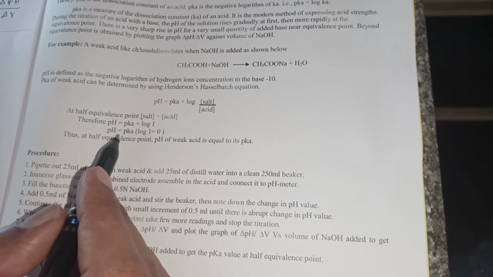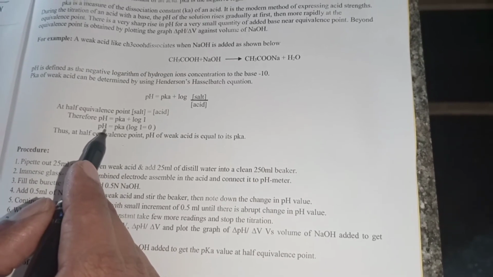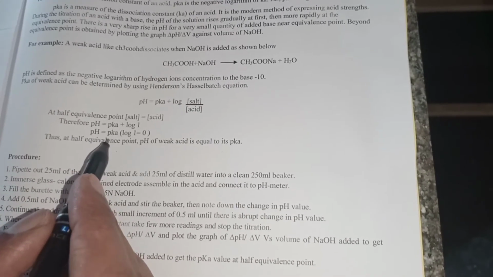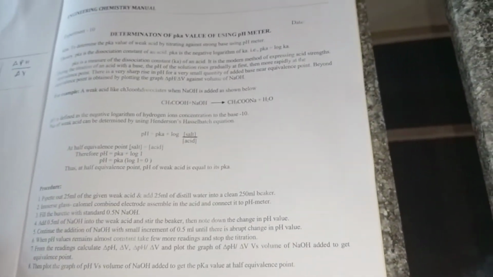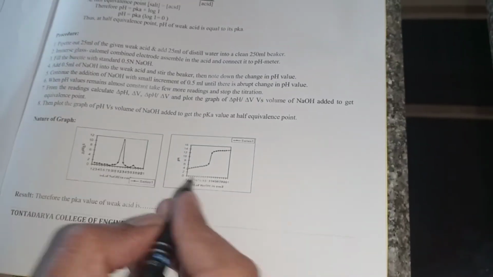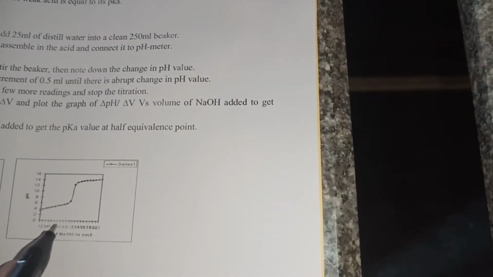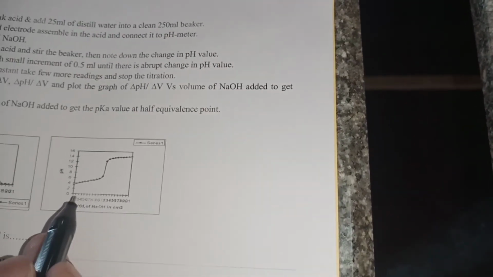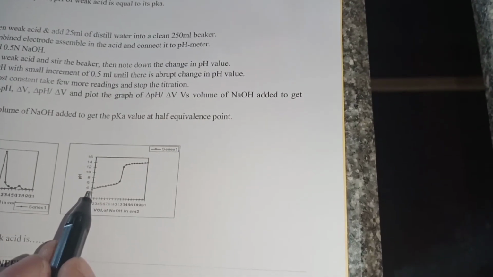So this pH value 5.31 is equal to the pKa value. In both graphs, in the first graph you get the equivalence point, and in the second graph you get the half equivalence point, and there you can determine the pKa value, and the value obtained will be the same.